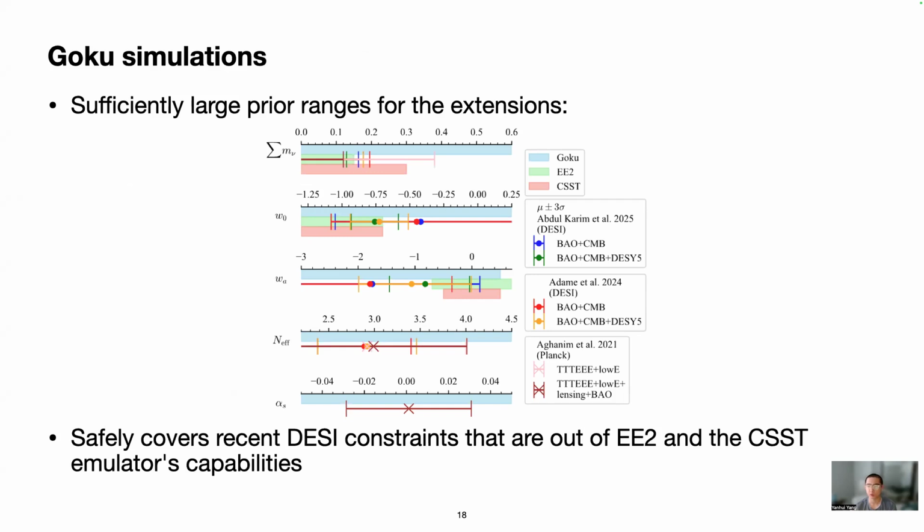The prior ranges are much wider than EE2 and CSST. We have safely covered recent DESI constraints. And if we look at w0 and wa, the recent constraints are out of EE2 and the CSST emulator's capabilities.